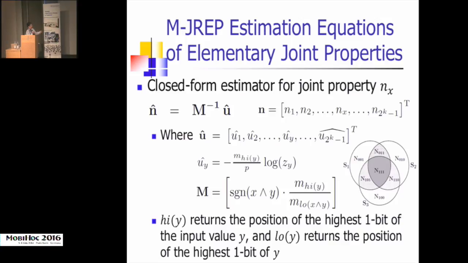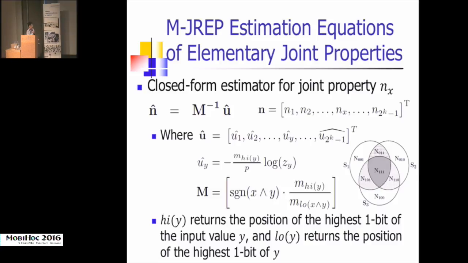If we want to estimate the size of each elementary subset, like here we have N001, N011, and N111, for all these kinds of cardinalities of elementary subsets, we have an equation to estimate them.